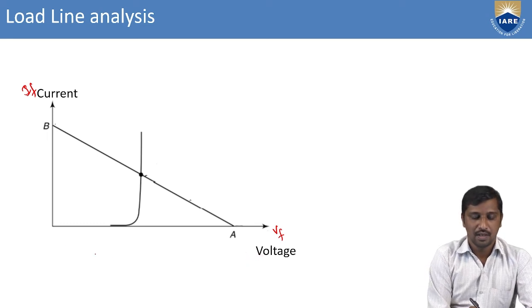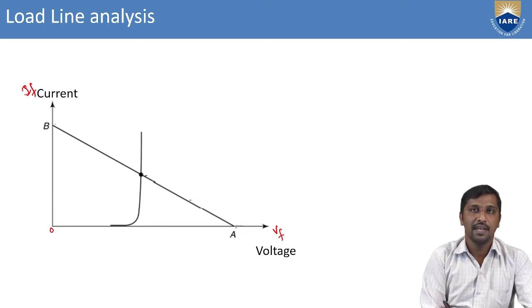Let us take this as 0, and this is the diode forward bias characteristic, and this line AB is called the DC load line. But how do we draw this DC load line?